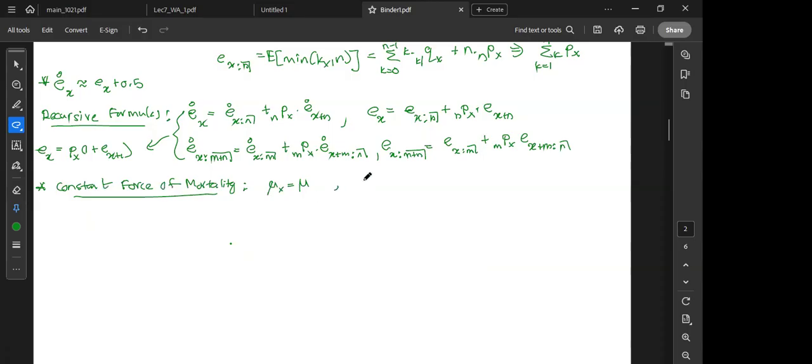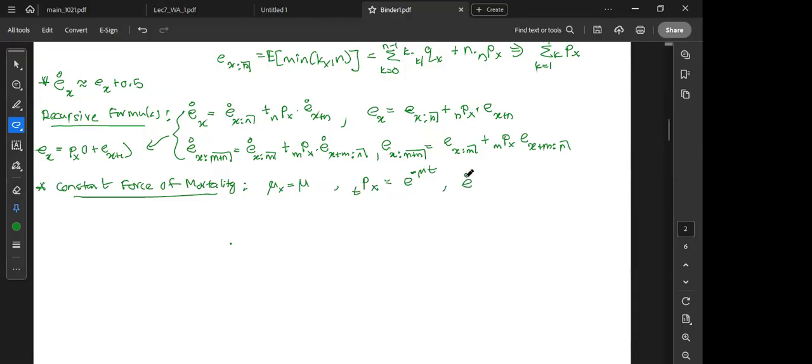Then we could get the probability of survival for t years as the exponent of the negative integral. Since mu is constant, that integral gives us mu t, so negative mu t is the exponent part.